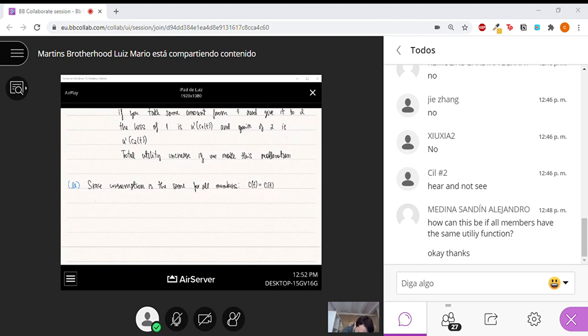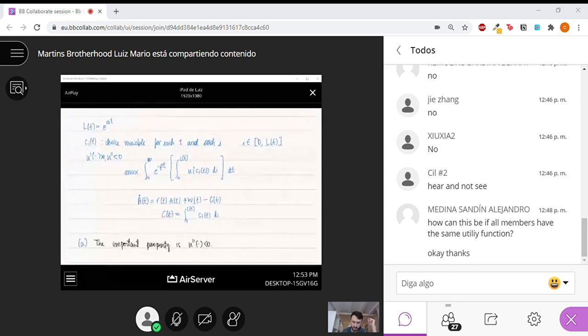And then, okay, the problem is asking us to rewrite all the problems. So the problem has kind of three components, right? The objective function, the budget constraint, and the definition of total consumption.